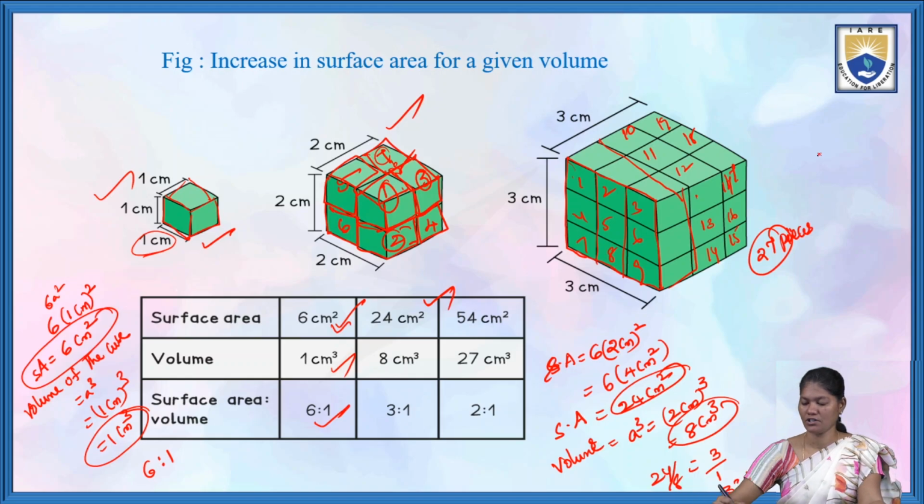The surface area is equal to 6 into the dimension 3 centimeter square, so it is equal to 18 centimeter square.